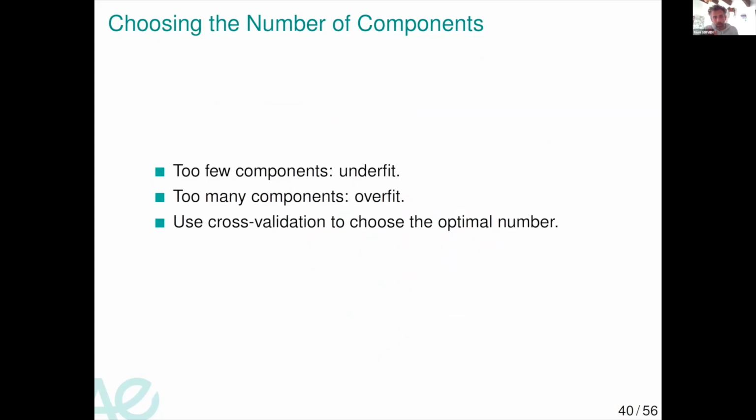So this is a choice that is important because if you have too few components, you will have an underfit of your model, and if you take too many components, you will overfit your model. But as you have some target variables to predict, you could use a cross-validation method to choose the optimal number. So what is cross-validation?